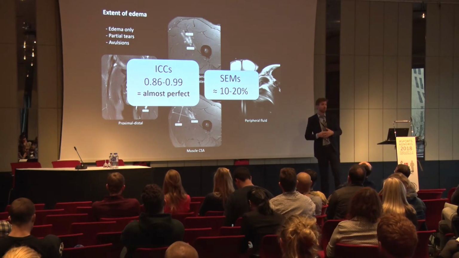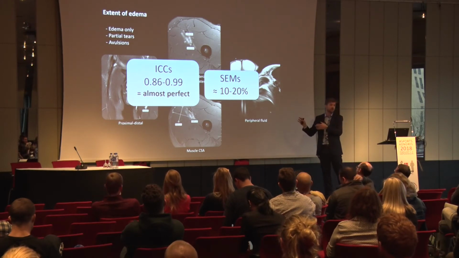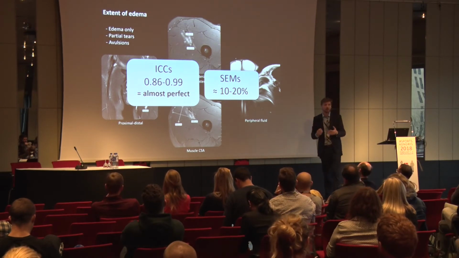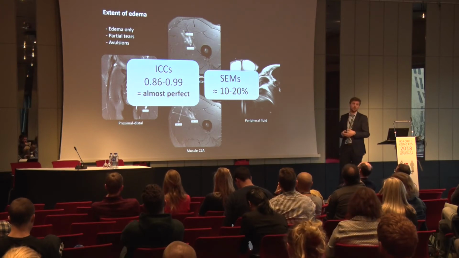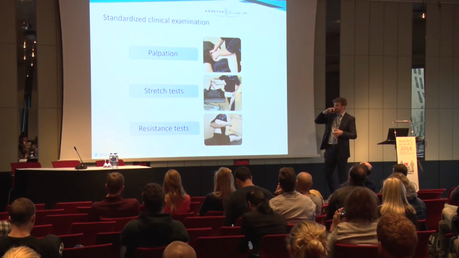So now we feel more comfortable that when we have a positive finding on the MRI, we can trust that the radiologist will give the same response, and that will also suggest that there is some validity to our findings.